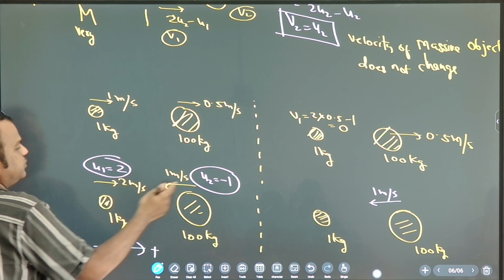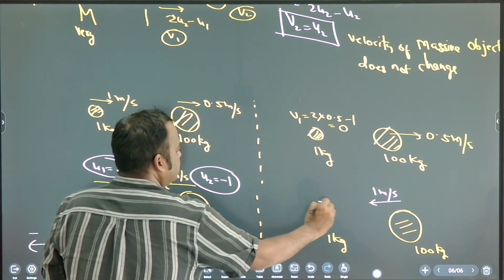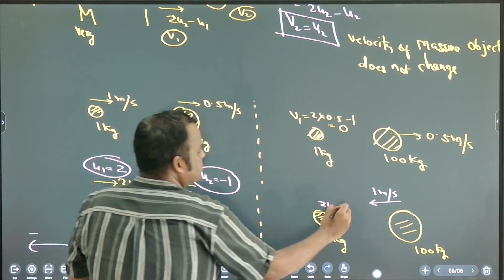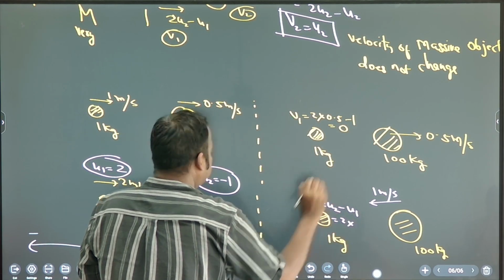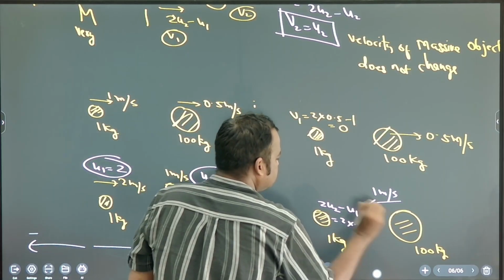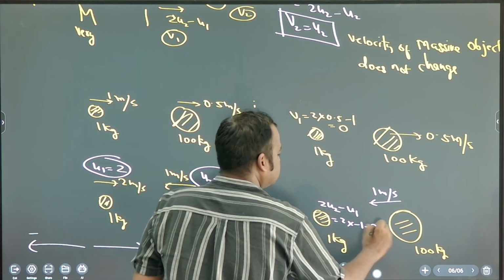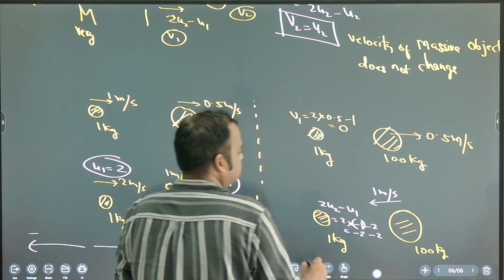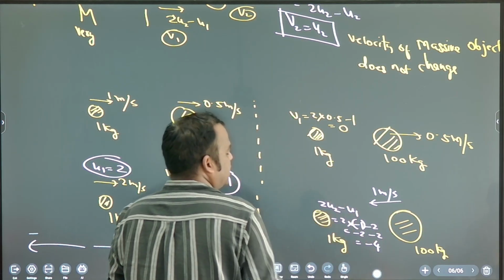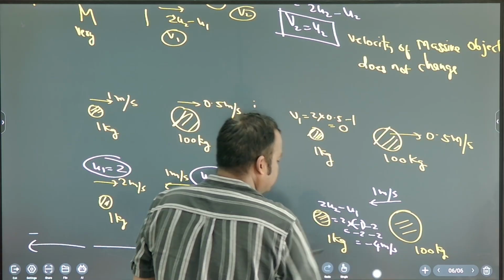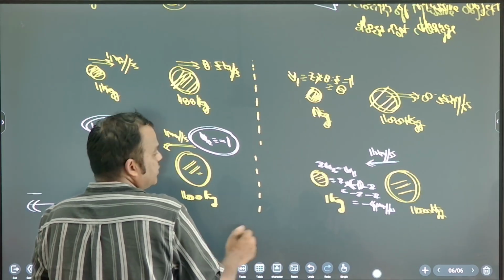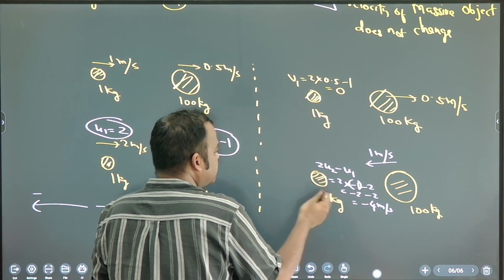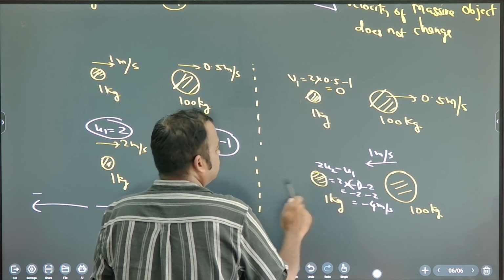What is the formula? 2U2 minus U1. So 2 into minus 1 minus 2: minus 2 minus 2, minus 4. Minus 4 means left side. So the 1 kg object will go left side with 4 meter per second. Okay, clear?